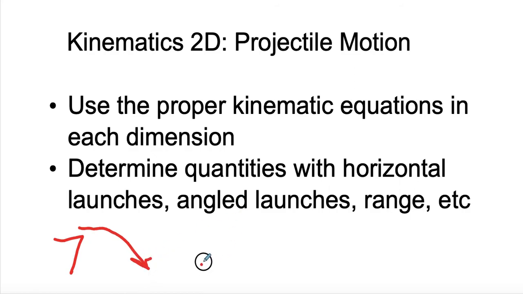An angle launch, it goes up and comes down, and you have to determine the range. Or you could have even something that starts on a hill and then it shoots up at an angle and comes down. That is the most complicated because you're going to have to use the, what is that called? The y equals b plus or minus the square root of b squared, that thing. You'd have to use the quadratic formula.